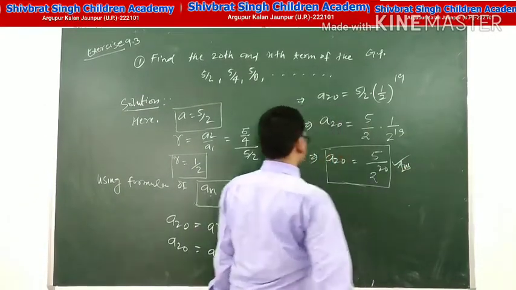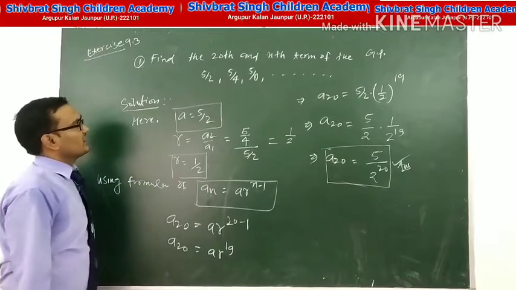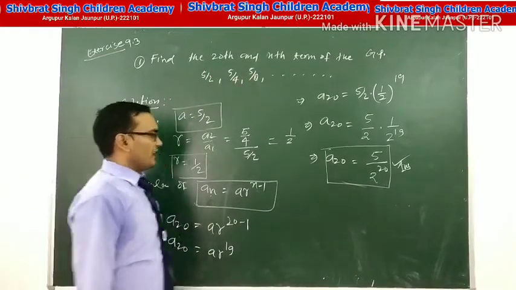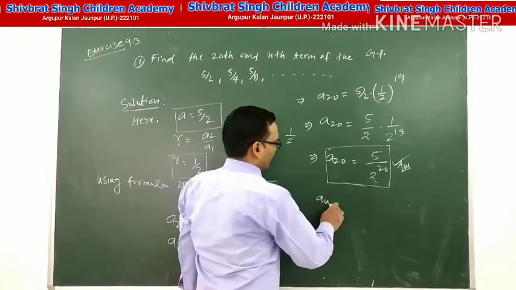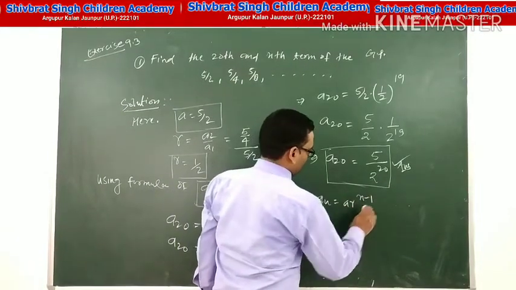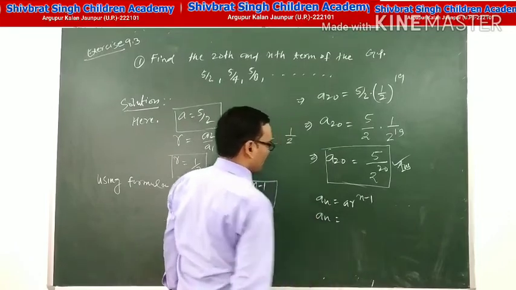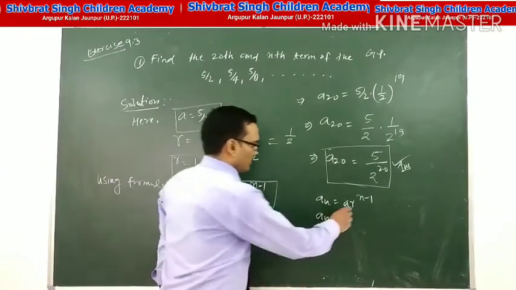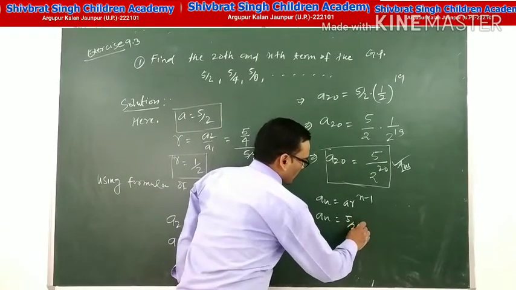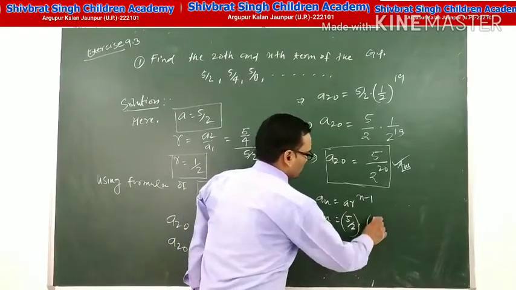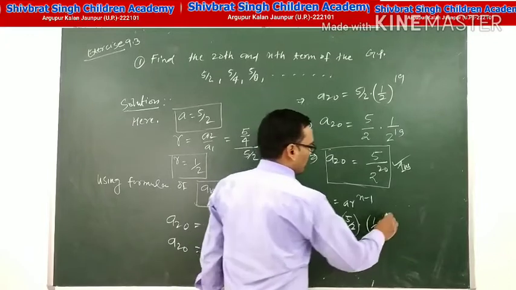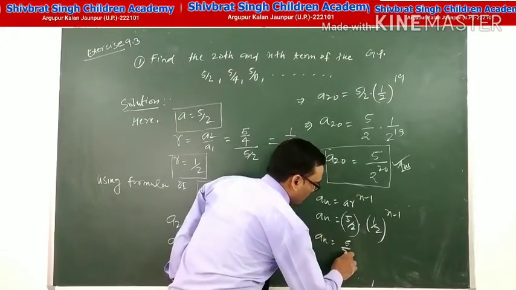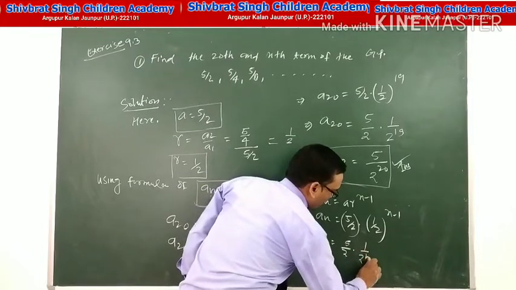This is your first answer. The second thing is to find the nth term of this GP. The nth term, an equals a r to the power n minus 1. Put a equal to 5 by 2 and r equal to 1 by 2 to the power n minus 1. So an equals 5 upon 2 into 2 to the power n minus 1.